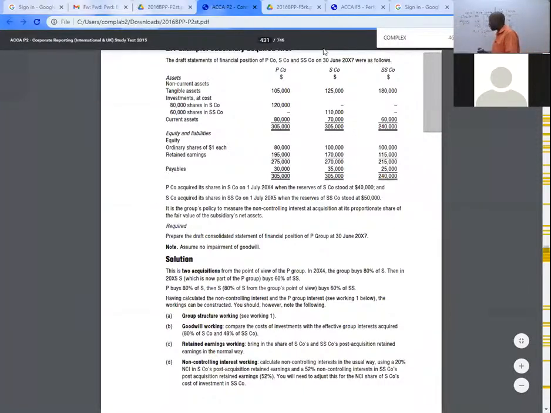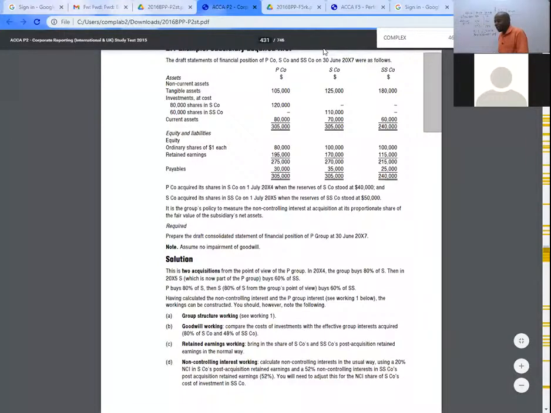NCI at acquisition. Give us post-acquisition profit. Yeah, NCI in S. Post-acquisition. Tunamaliza.